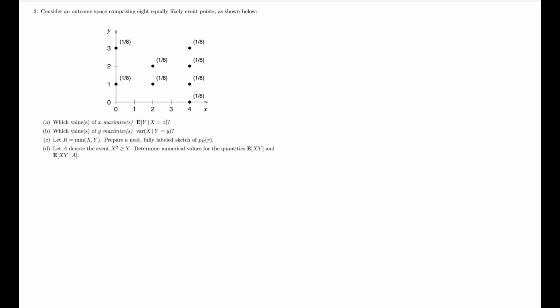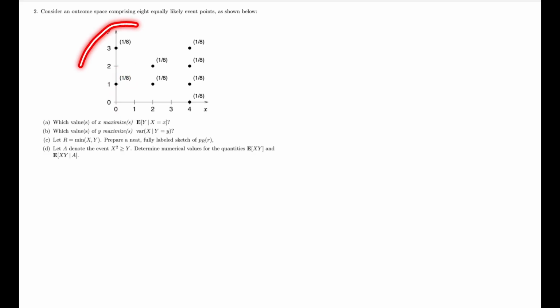We have some experiment, and for that experiment we have defined two random variables x and y. Random variable x can take the values little x 0, 1, 2, 3, 4, and random variable y can take the values little y 0, 1, 2, 3, and these are the probabilities of these two events happening simultaneously. For example, the probability that random variable x takes the value 0 and at the same time random variable y takes the value 1 is 1 divided by 8.